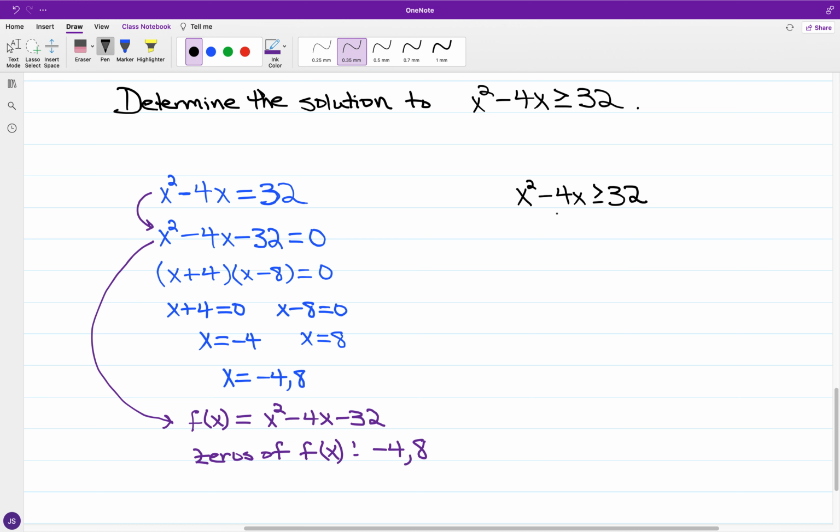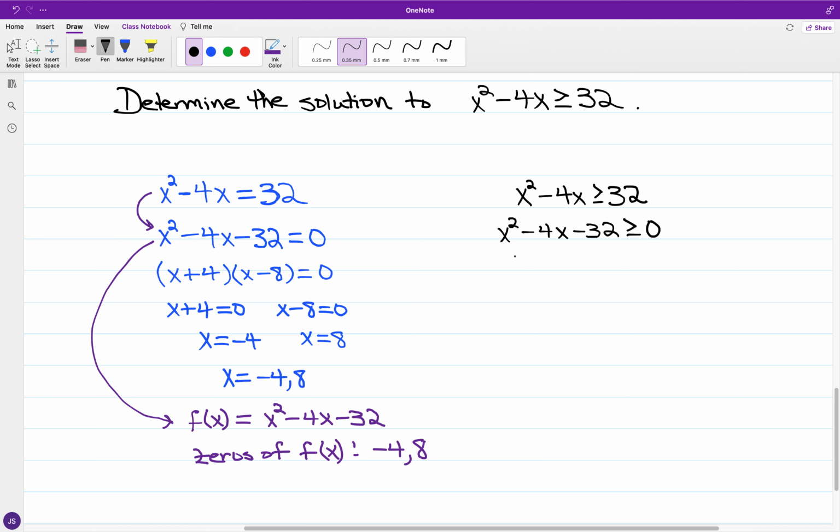So for what we have in this inequality, if I rewrite in terms of comparison to 0, I would have x squared minus 4x minus 32 is greater than or equal to 0.